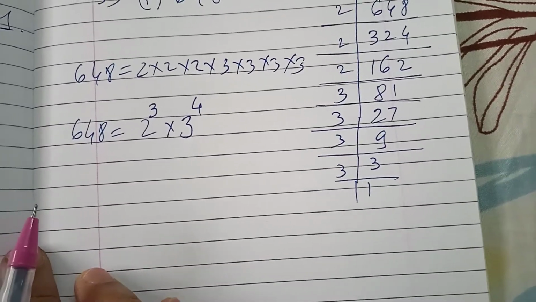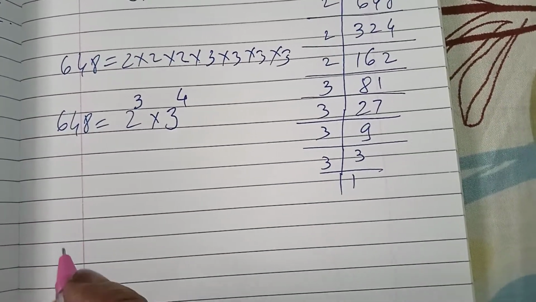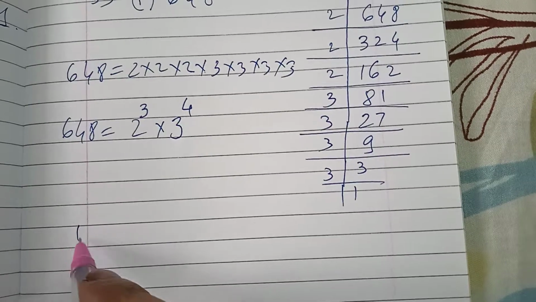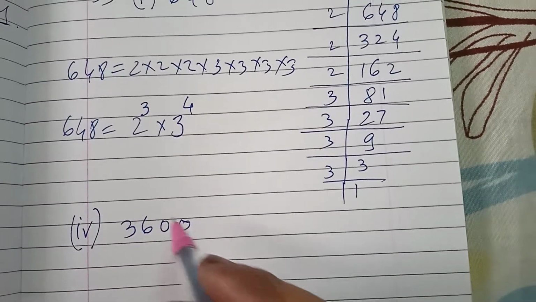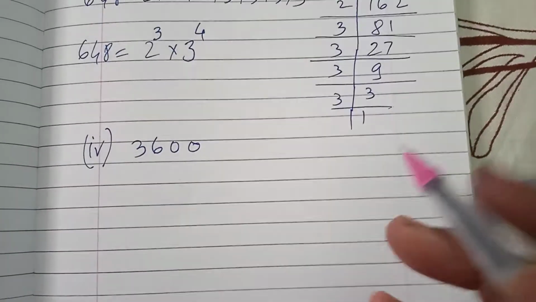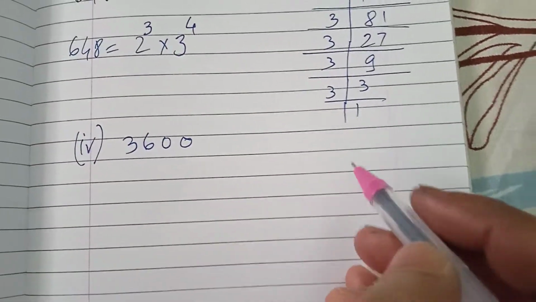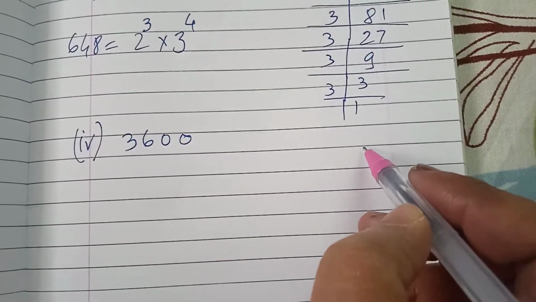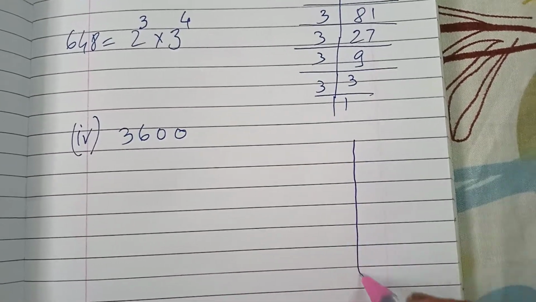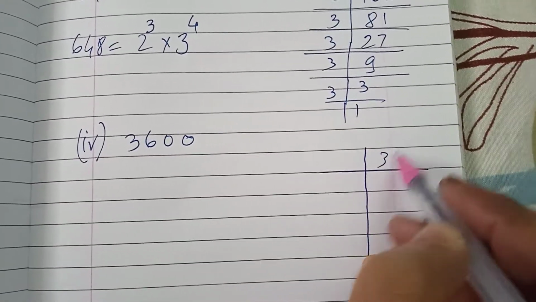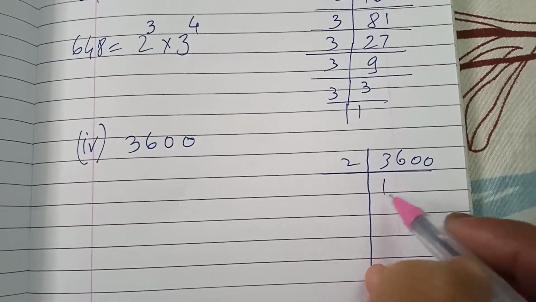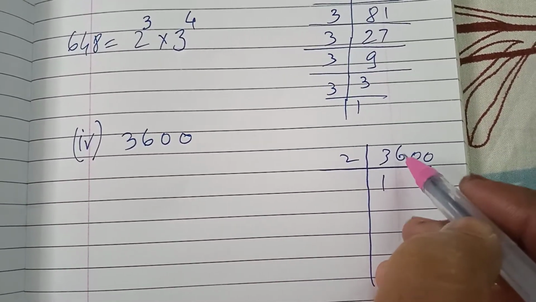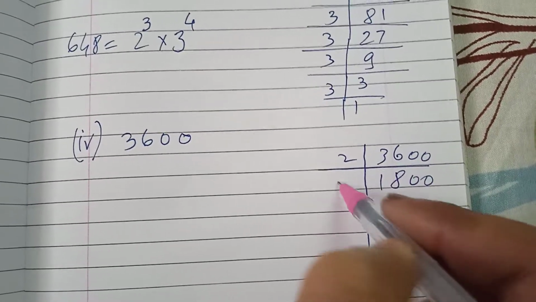Then next we see the question 4th, 3600. It's a big number. We get here more prime factors. Here it's an even number, so we take here the 2. Then 2 8s are 16, means 1800.